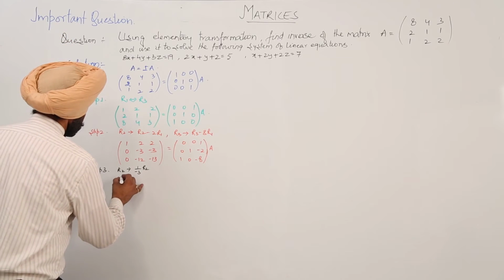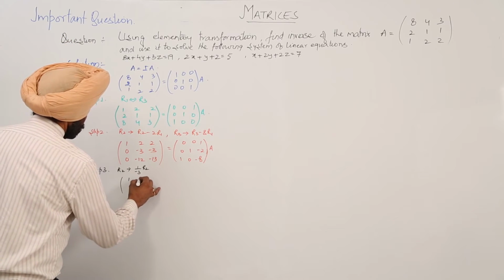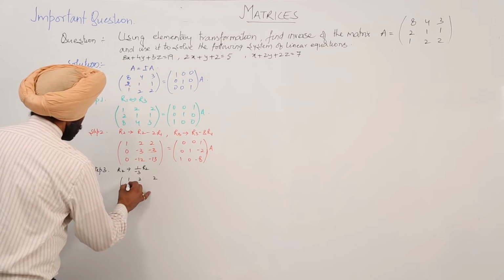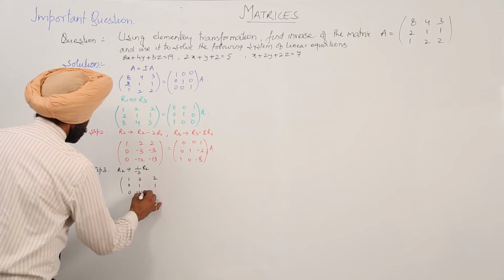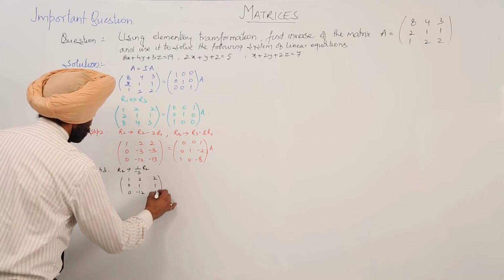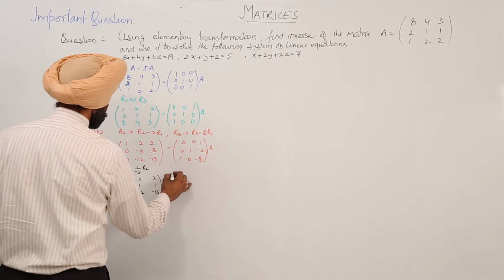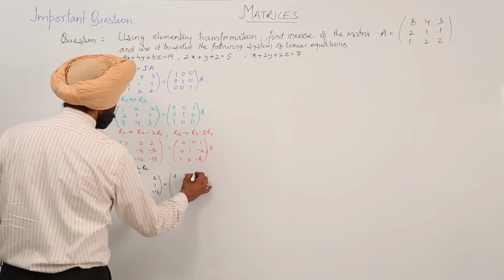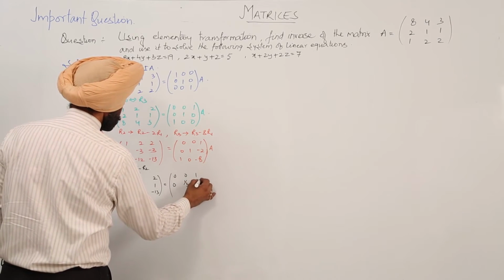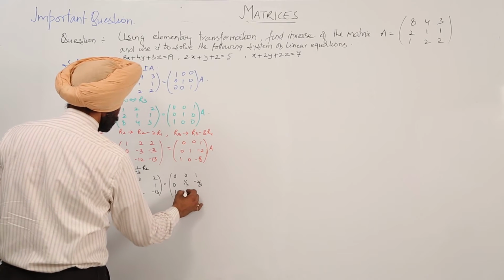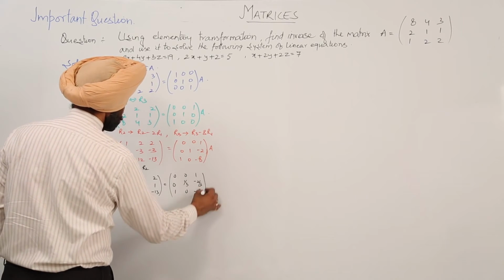Now yes, 1 2 2, 0 1 1, 0 minus 12 minus 13 with 0 0 1, 0 1 by 3, minus 2 by 3, 1 0 minus 8.